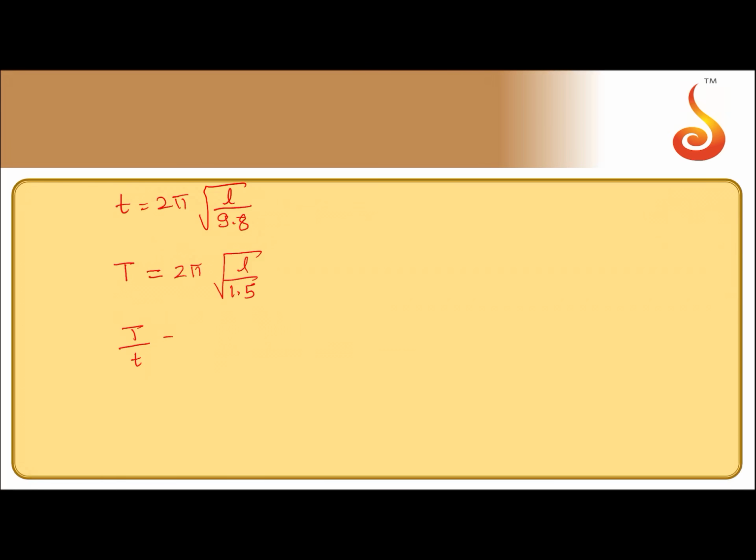So t' by t, if I take second equation divided by first equation, 2 pi and L get cancelled, it will be root of 9.8 in the numerator, 1.5 in the denominator. So this will give you 6 point something. So root of that will be 2.5, around this. So look at the options. Only possibility is 2.56.